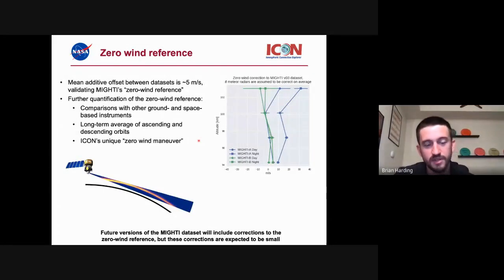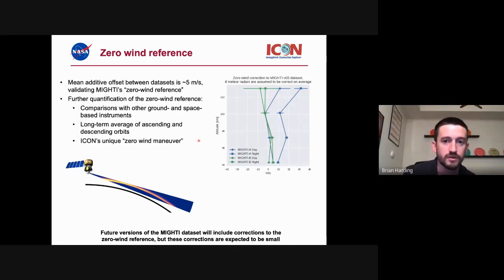All interferometers have this problem where they're very good at measuring changes in the Doppler shift, but they're very bad at determining what phase corresponds to a Doppler shift of 0. Because the mean additive offset between the data sets is about 5 meters per second, this really validates the zero wind reference that's used in the MIGHTY data product.